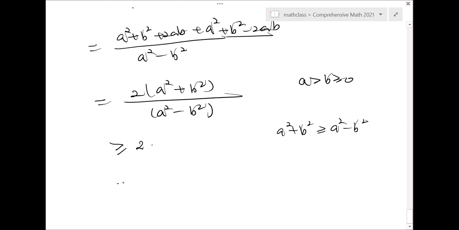The answer is yes, when the numerator equals the denominator, when B squared equals 0. So the smallest possible value you're going to get is 2, because it can be reached, when B equals 0. If you just go ahead and simplify, you will see it immediately.